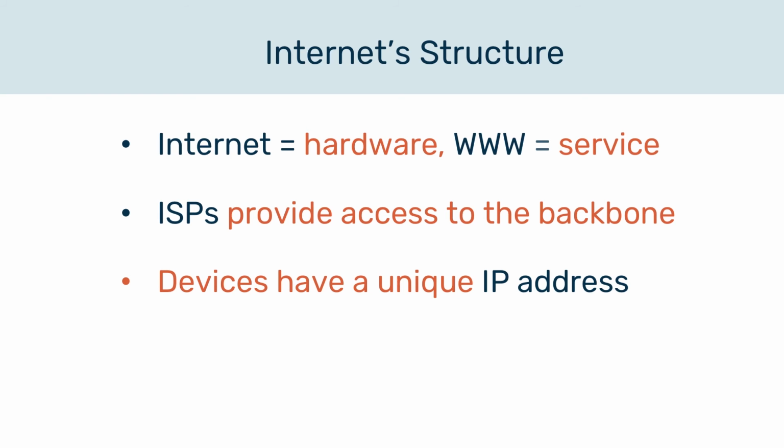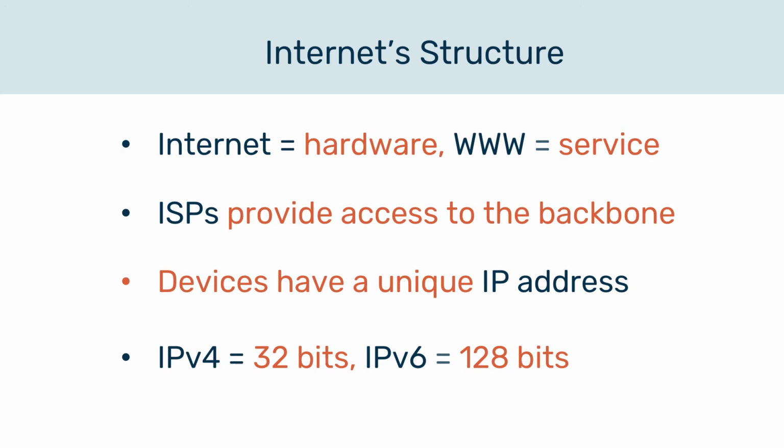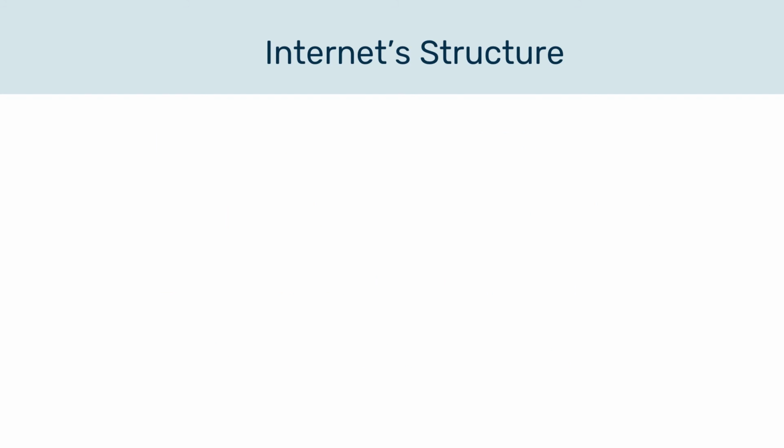Devices connected to the internet have a unique IP address, which is 32 bits long if it is IP version 4, or 128 if it is version 6. IP version 6 is needed due to there being too many devices for version 4 to uniquely identify.